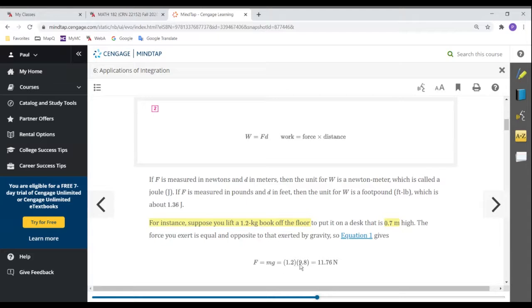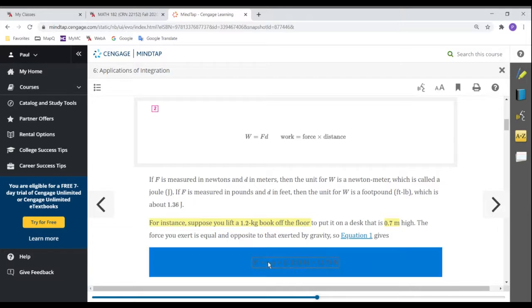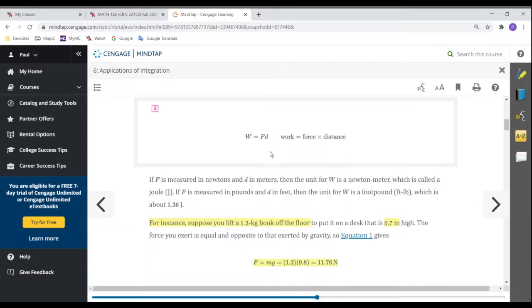I'm going to say this the right way. The force that you are using to lift the book off the floor equals mass times the acceleration due to gravity. Acceleration due to gravity is 9.8 meters per second squared, and you're multiplying that by 1.2 kilograms because that's the mass of the book.